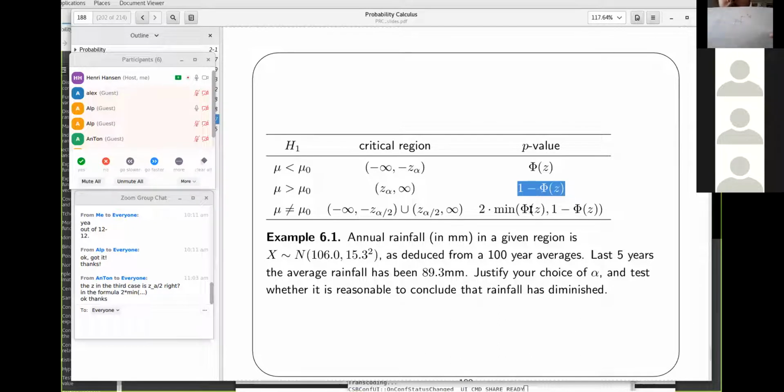And the reason we take the minimum of the two is that if you get a very large value, you use this because then it is small, and if it's a very small value, you use this because then it is small. So this is the case for a small value, and this is the case for a large value.